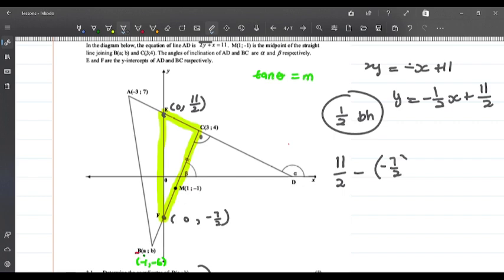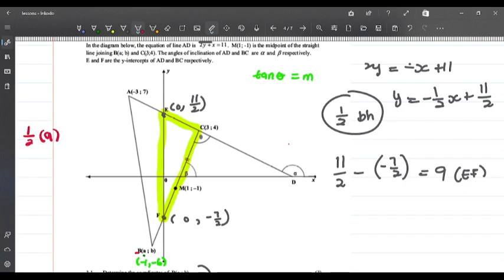I'm going to find the distance between these 2 points. Doing so, 11 over 2 minus negative 7 over 2 equals 9. So the length from E to F is 9, and this is my base. Let me rewrite this on the side: 1 over 2 multiplied by my base, which is 9.